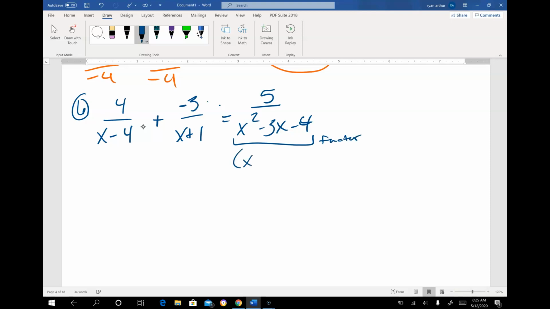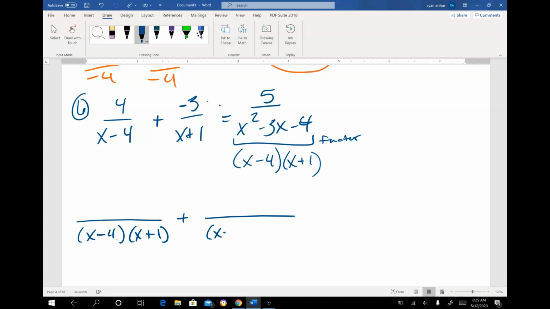And it's going to be x minus 4, x plus 1. All right. So this left-hand side has everybody, right? So your common denominator is going to be x minus 4, x plus 1.